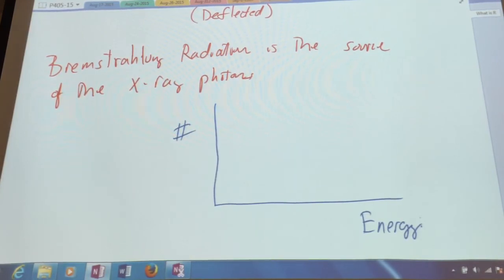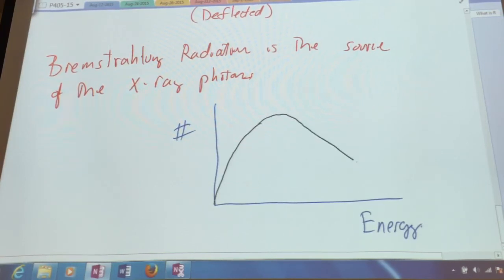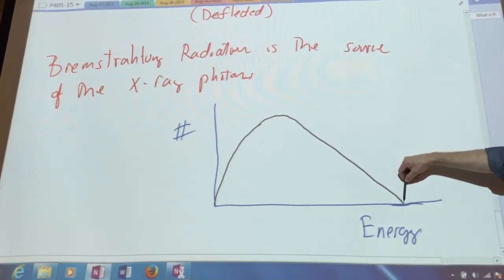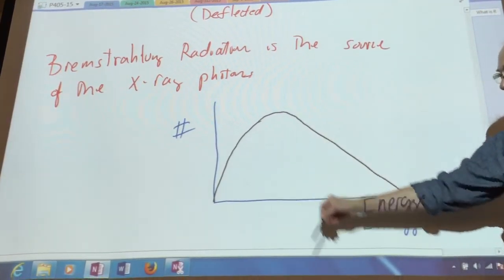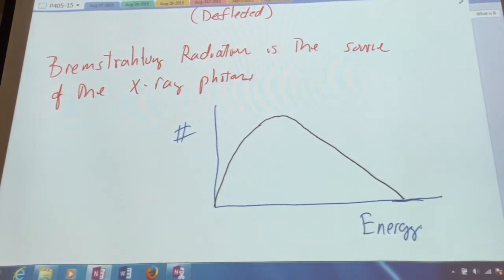And now the photons, we study the photons, and they produce something like this. Something that has a definite endpoint. Usually there's kind of a peak, something like that.